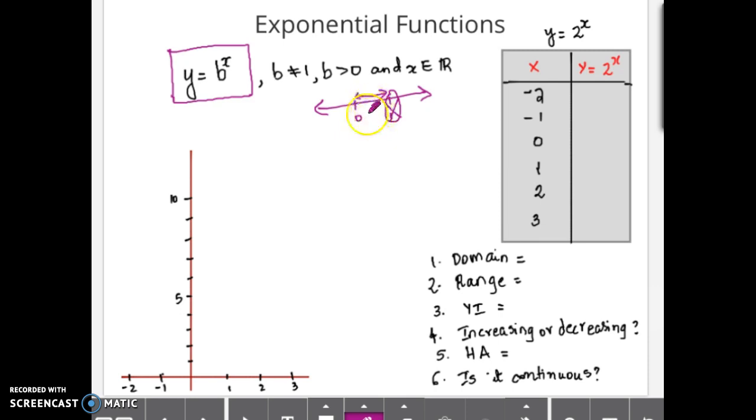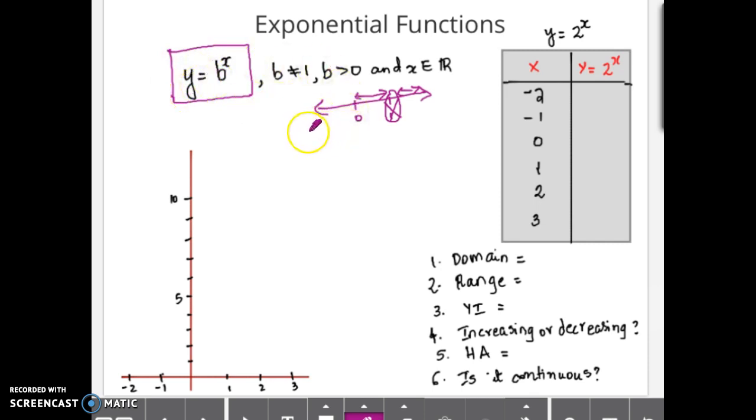So all the fractions between 0 and 1, but without 1, and everything that comes after 1 till infinity, as long as b is positive. Those are the restrictions on the functions for the definition.